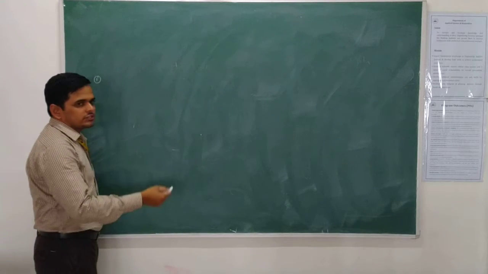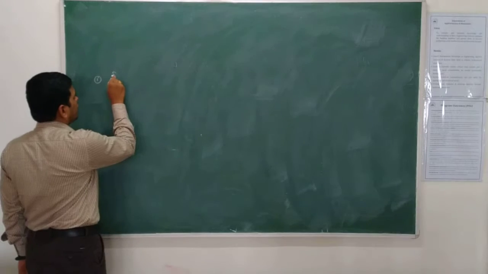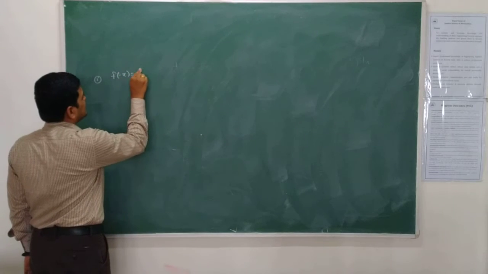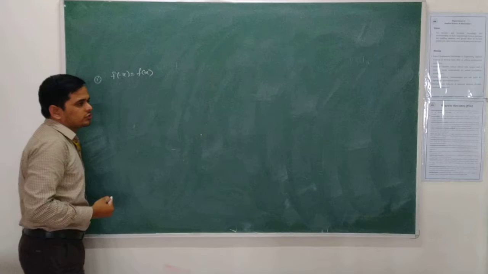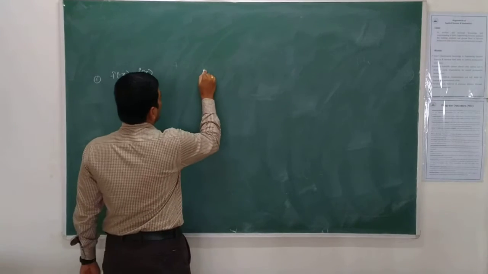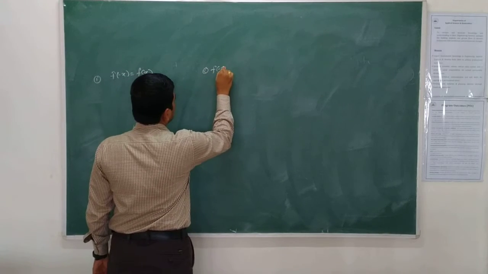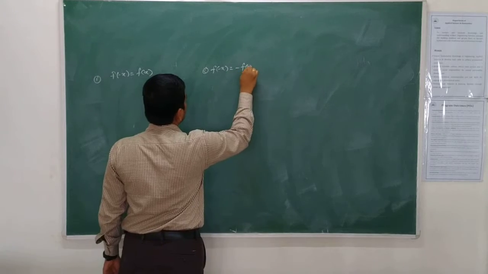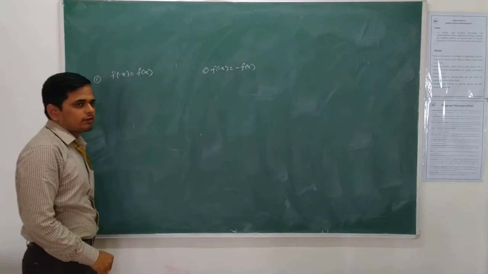Previously we have seen that if f of minus x remains as f of x, then we call that function even, and if f of minus x is equal to minus f of x, then the function is called an odd function.